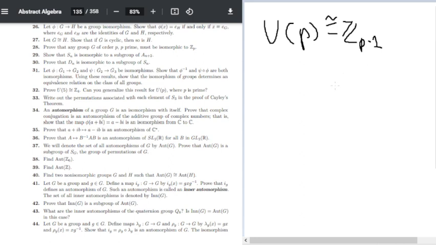So let's think about how we actually prove this. What we want to prove is that the order of G in U of P is equal to P minus 1.